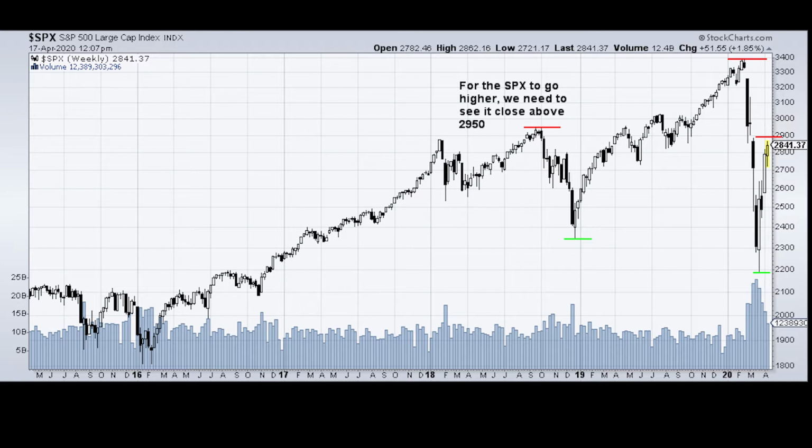At that point, we made an all-time high in the S&P 500 in, I believe it was February 18th or so of 2020. And then that's when we started to experience that downward move. We went through the lows of the November 2018 down move, and we ended up bottoming just under 2,200 on the S&P.